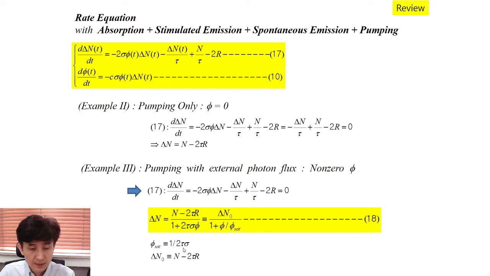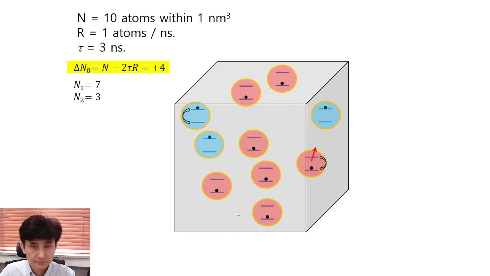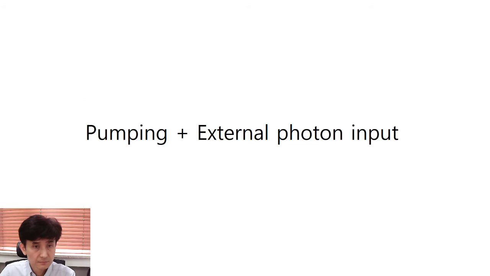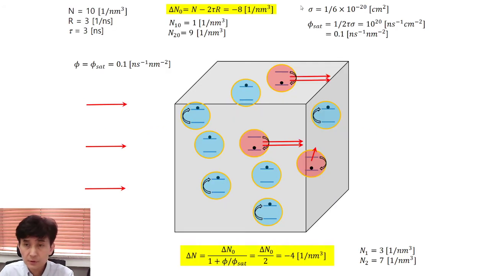So for a given tau and given sigma, we can calculate phi set for a medium, and we increase phi, the external photon number, as an integer multiple of phi set. Right. First we need to calculate phi set, which is 1 over 2 tau sigma.